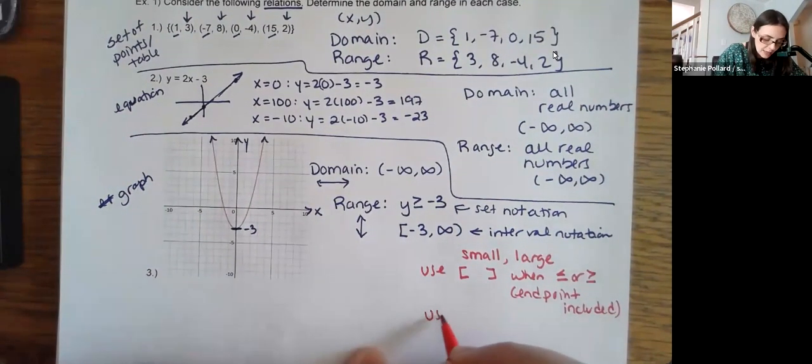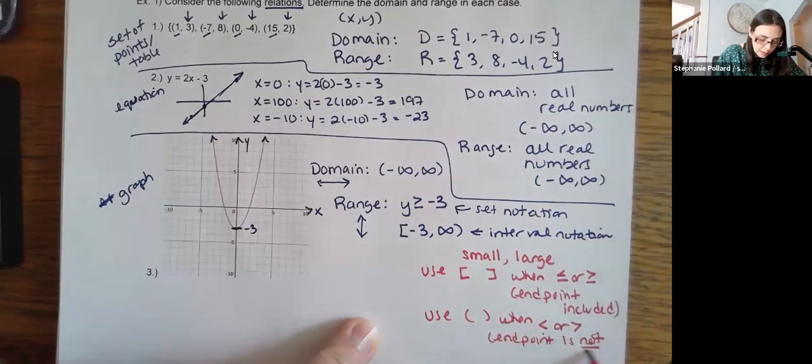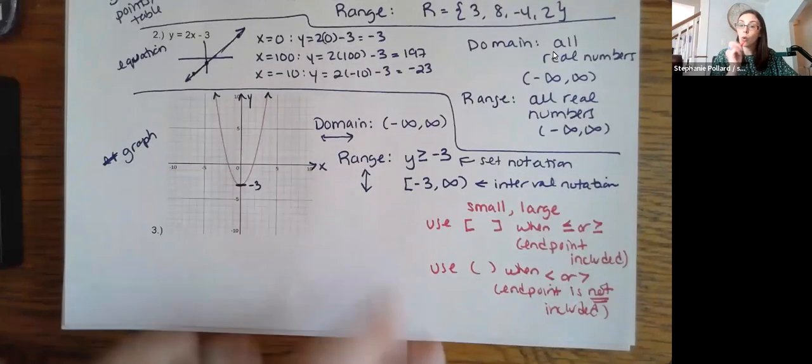We use parentheses when the idea is strict less than or greater than. So your endpoint is not included. We would see that, for instance, if there was a hole in the graph there.